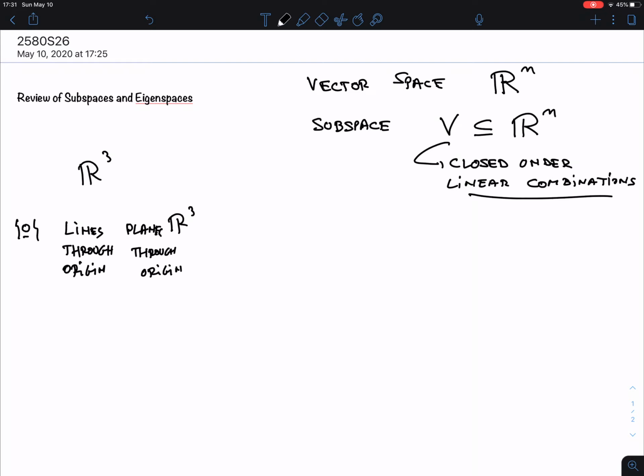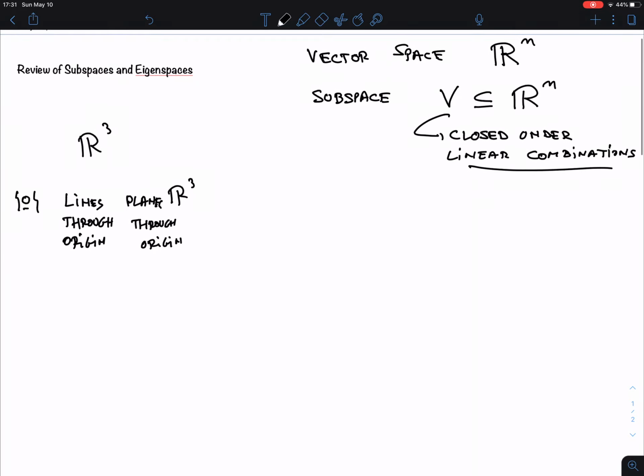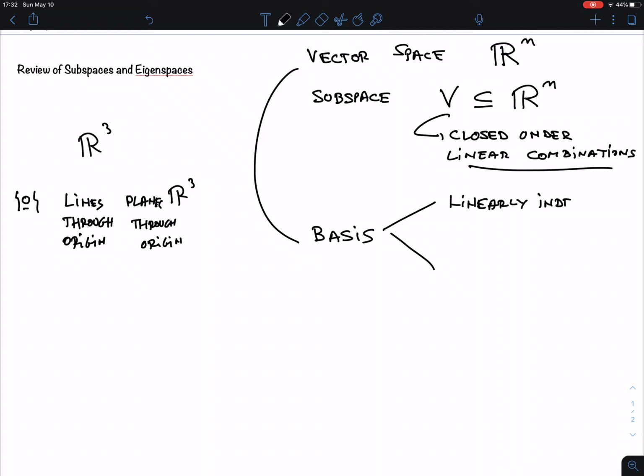I gave examples there. And then the next step we did was that if you have a vector space, we know you can find a basis. The basis was a collection of a finite number of vectors that was linearly independent. That meant that there was no relationship between them, really.